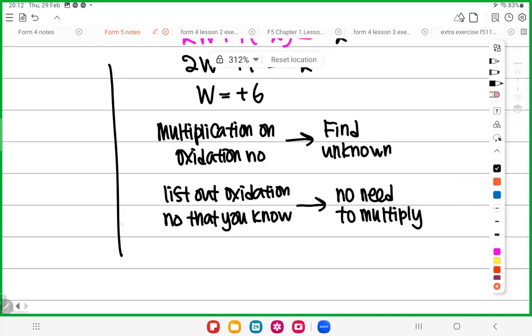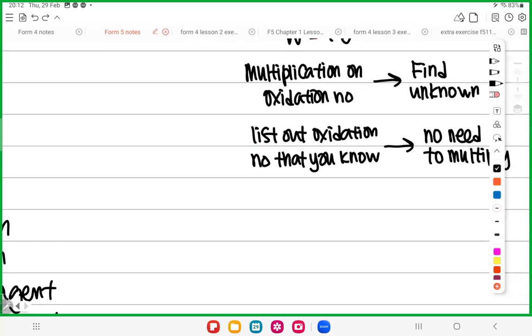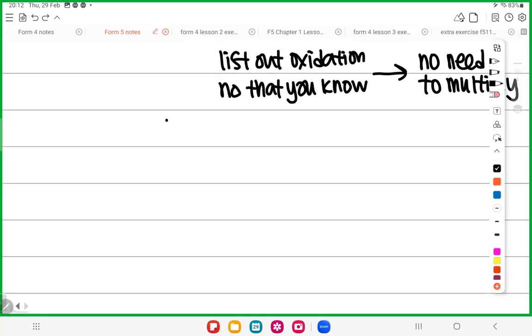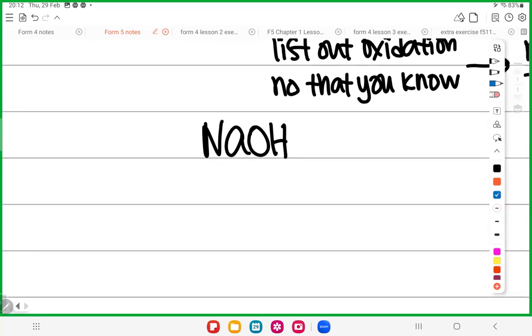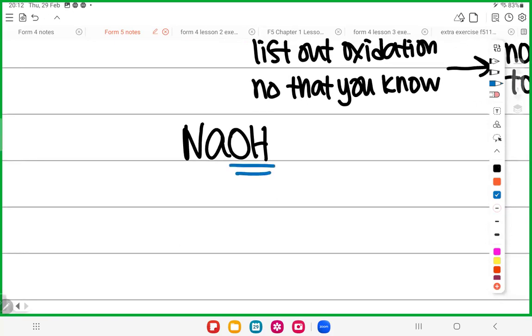Let me see if there is any question in the chat box. Okay, I get a question in the chat box, on sodium hydroxide, by Putri. Putri is asking whether the oxidation number for OH is OH negative, or we need to separate the O and the H so that the O is -2 and the H is +1.